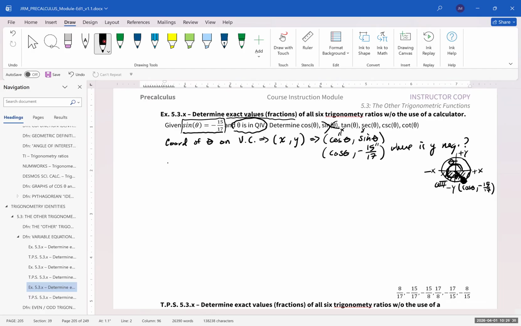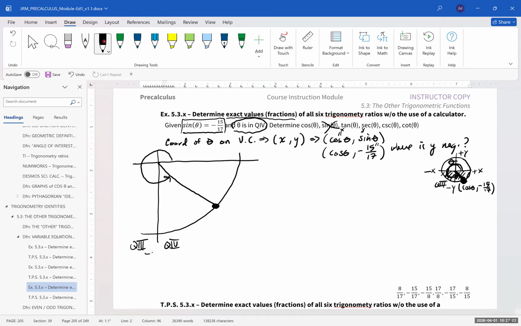All right. Let's go ahead and make just quadrant 4 a little bit bigger, so it'll be a little bit easier to work with. Here's quadrant 3. Here's quadrant 4. Theta goes all the way around and stops somewhere over here in quadrant 4. We already said that this is going to be cosine theta, negative 15/17.